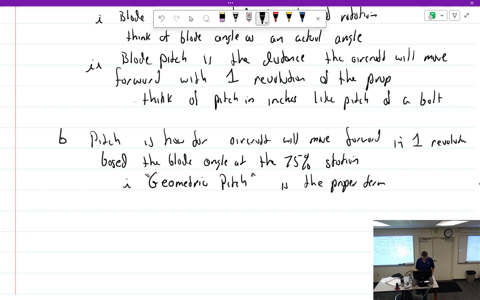Geometric pitch, because there are two types of pitch. One is geometric pitch.